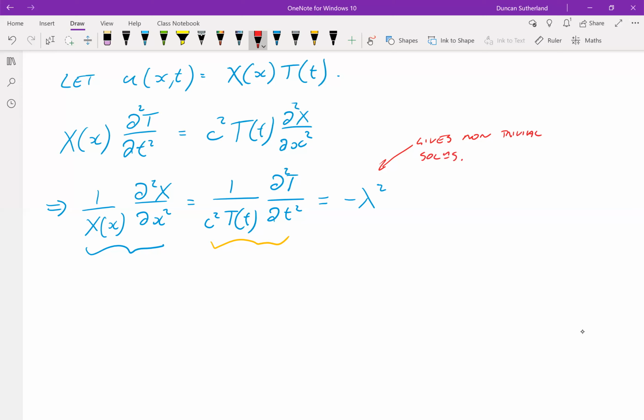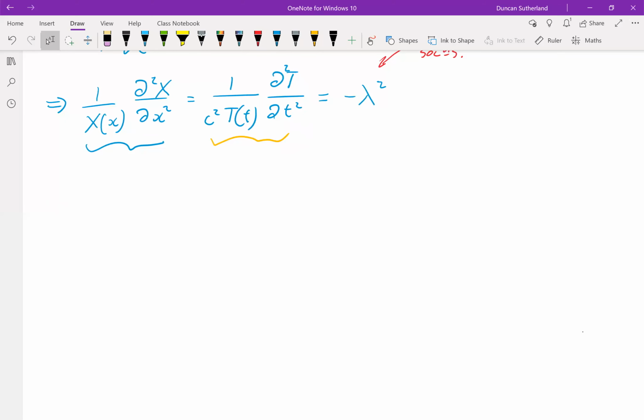So you can either know that a priori, and have an expectation, which I do because I've solved heaps of these over the years, or you can set it to whatever and figure it out later. I'm just going to set it to negative because I know that's what works.